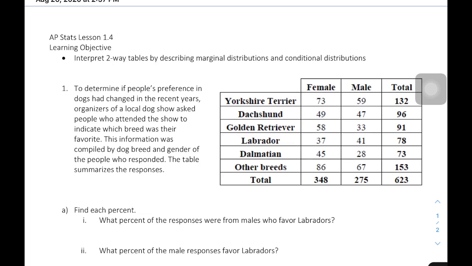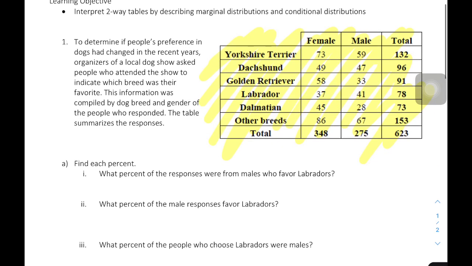So the objective for today: we want to interpret two-way tables by describing marginal distributions and conditional distributions. I would try to copy this chart down in your notes if you can, because that's essentially what we're looking at, and that's going to help us with some of the questions. You're not going to put all these questions down in your notes.